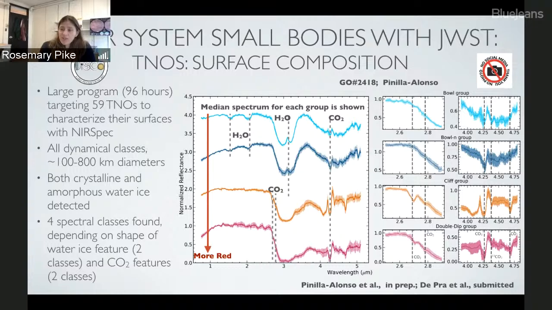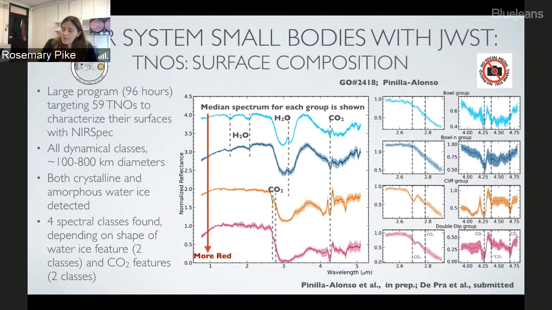They find both crystalline and amorphous water ice, and they divide the objects into 4 groups. And the critical thing about these 4 groups is that they are based on the shape of the water ice absorption and the carbon dioxide absorption, and they correlate with the optical colors.